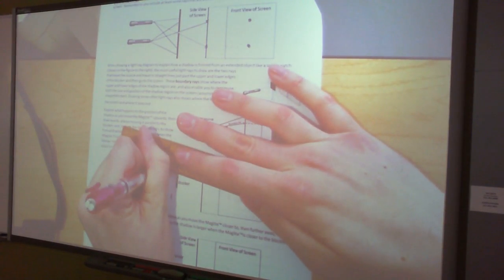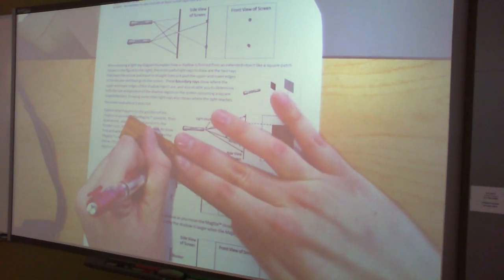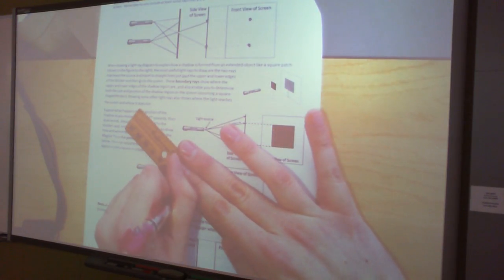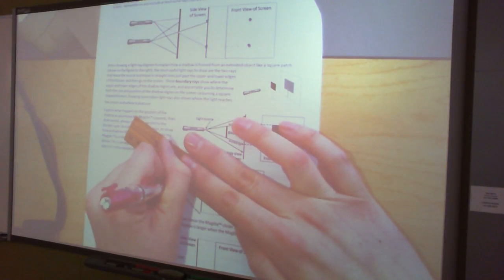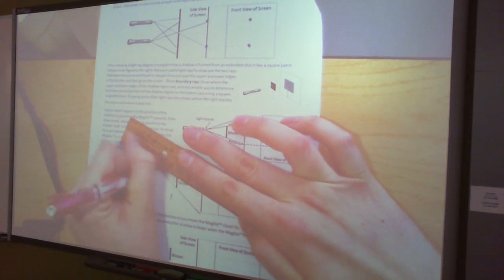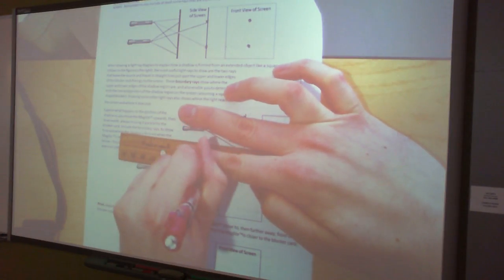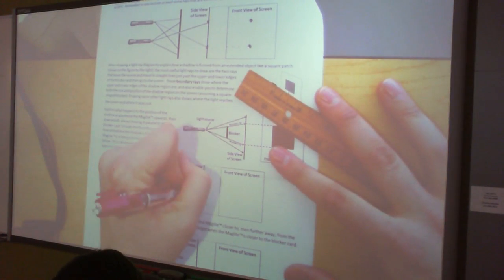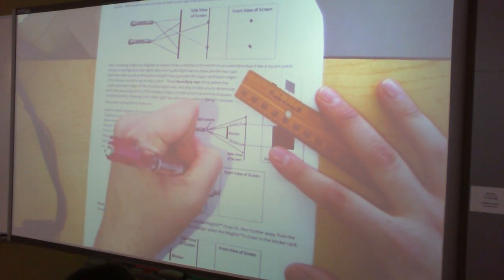If it hits just the edge of the blocker, it's going to go to the screen. But if it hits the blocker, it's not going to go through. So here, this area is the shadow, and this area has light.